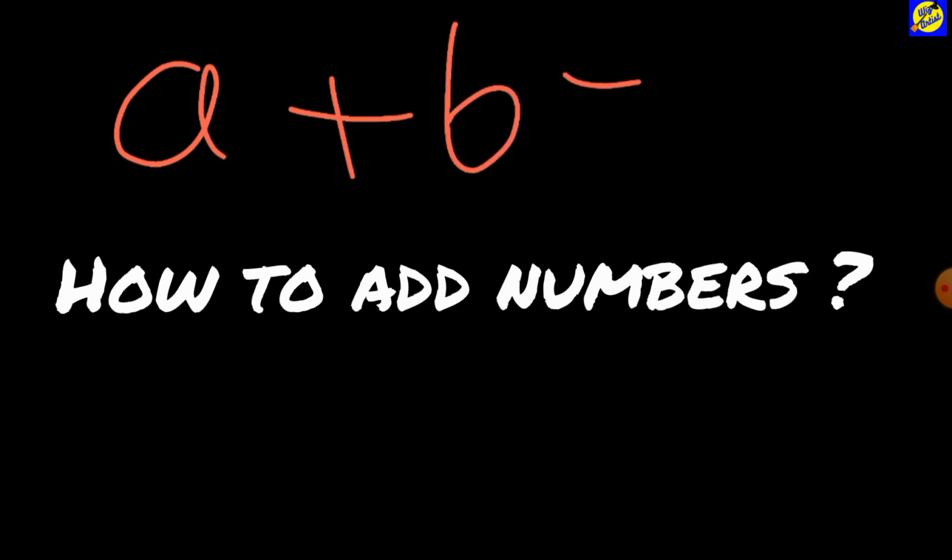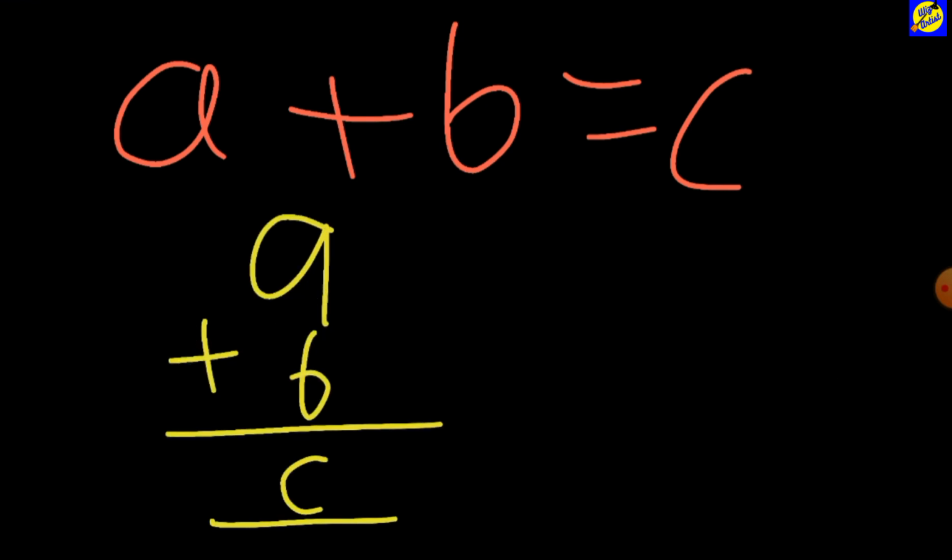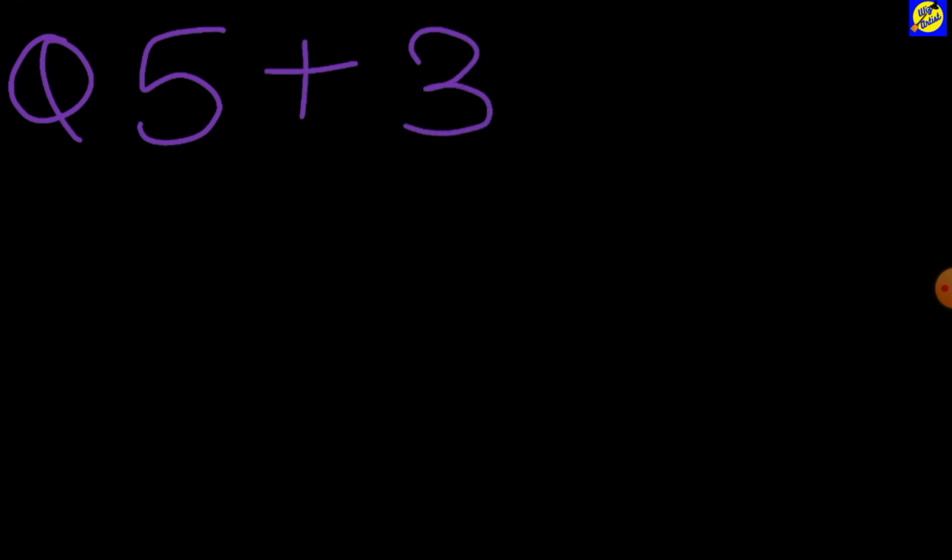Alright. So now, how can you add numbers? I told you the 2 methods, which is the line method wherein A plus B equals C, you write, or the other method, which is the columns method, wherein it is like this. So now let us implement this learning with numbers. Suppose you have a question wherein you're asked to add 5 plus 3. How are you gonna add it?